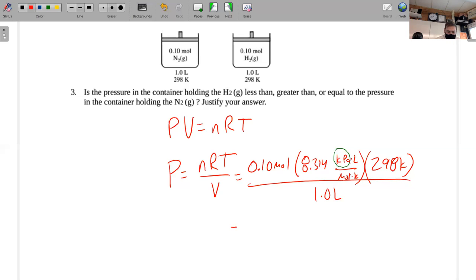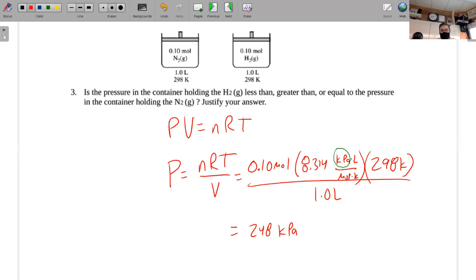Yeah, that's right, 248. And the unit would be kilopascal, because whatever the unit for the pressure is in the ideal gas constant is the unit for the pressure in the answer. It would be totally okay to pick a different value of R, but what's important is that the pressure unit match the pressure unit that's in the ideal gas constant.